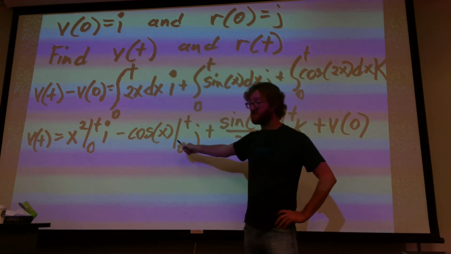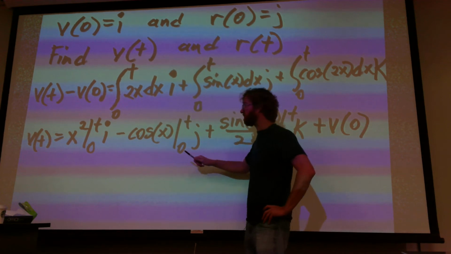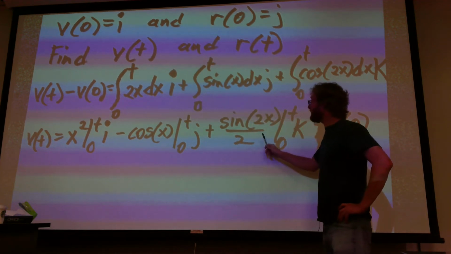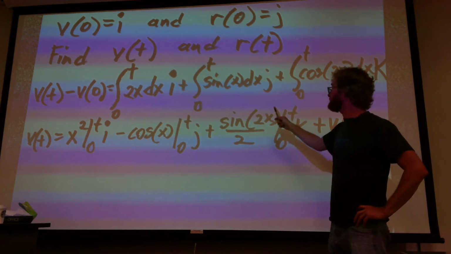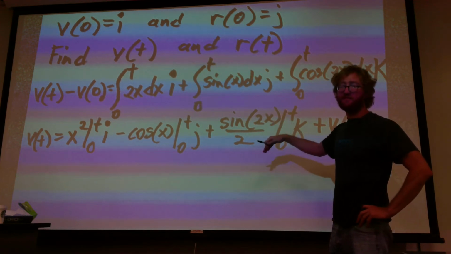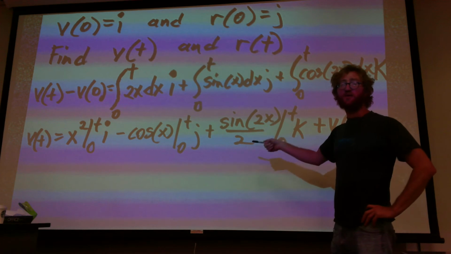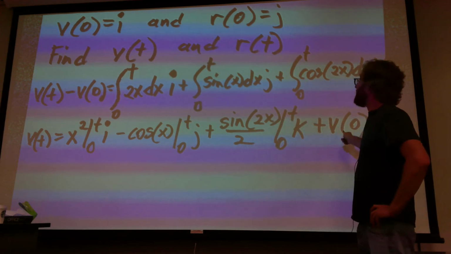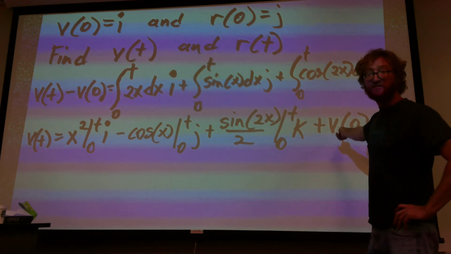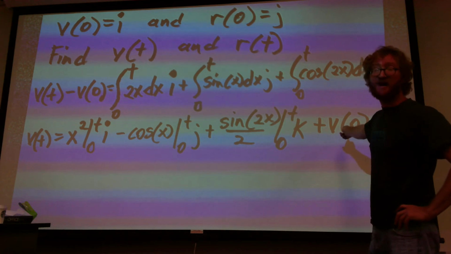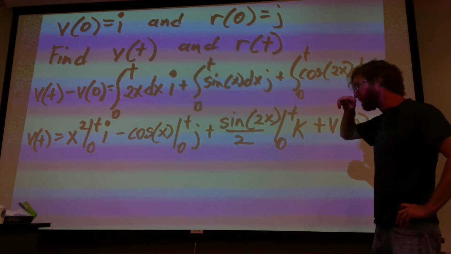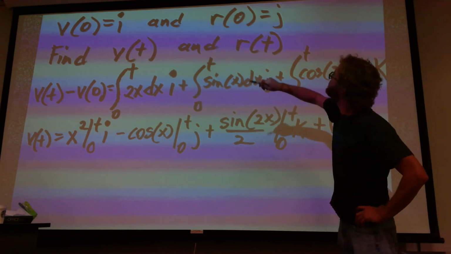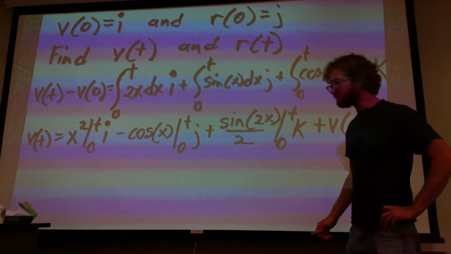I'm going to get a constant from that integral right there. When I integrate this one right here, this is not going to present a problem, because sine of 2t divided by 2 is just sine of 2t divided by 2. Sine of 0 is 0. But I have an extra vector coming from the fundamental theorem of calculus, which is my initial condition of v of 0, which is up there, i. Okay.